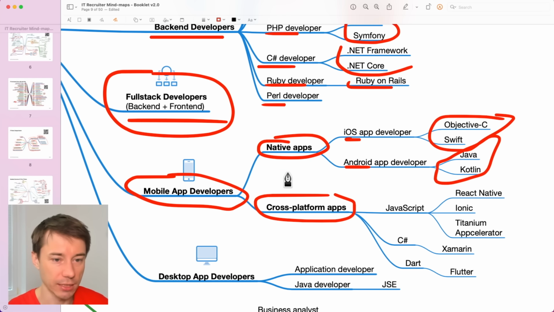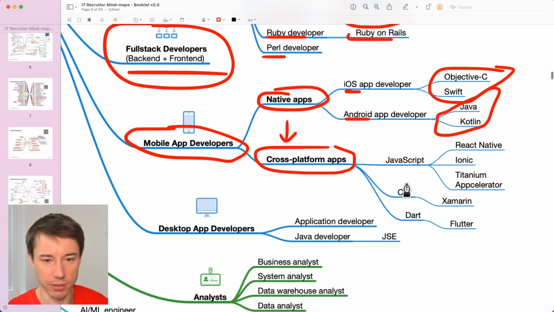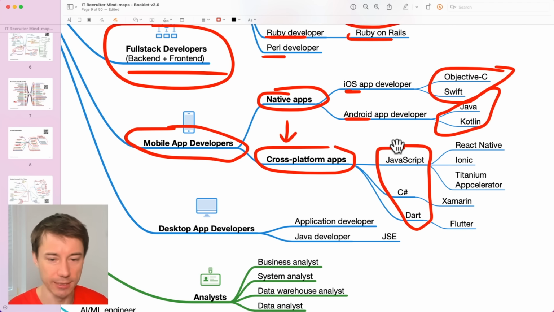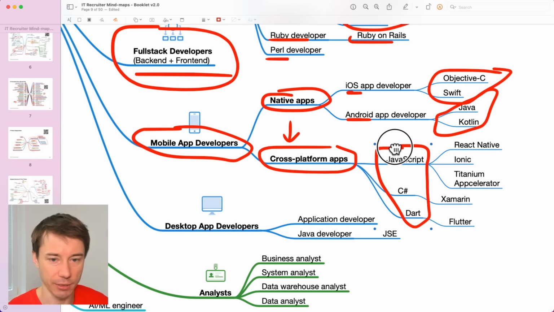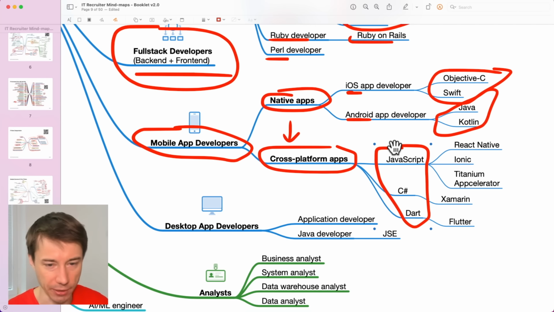Or alternatively, they can choose to create a cross-platform application, and they can choose from 3 different programming languages. It is JavaScript, C# or Dart. So there are different ways how developers can create mobile applications, and at this point, we will not discuss what are the pros and cons of these different options, but rather what it means for you as a recruiter when a hiring manager says they need a cross-platform mobile application developer.